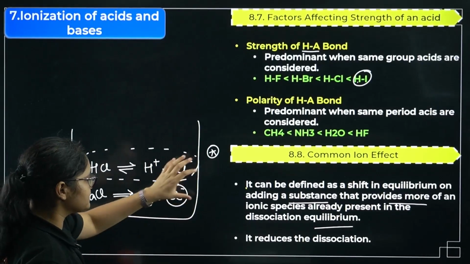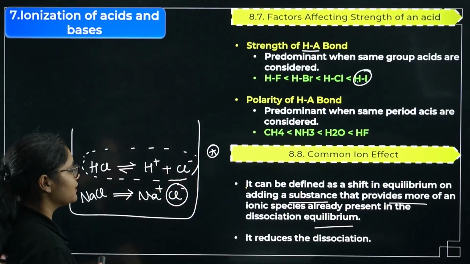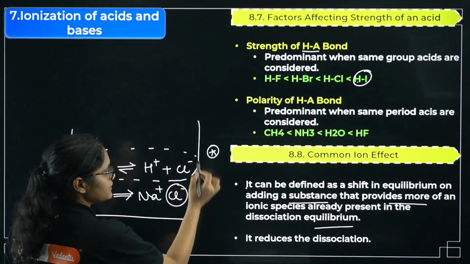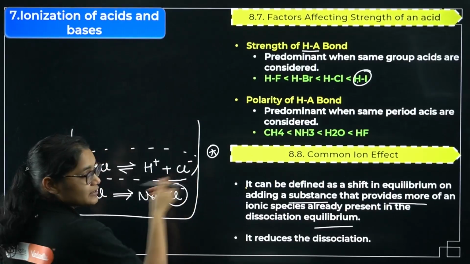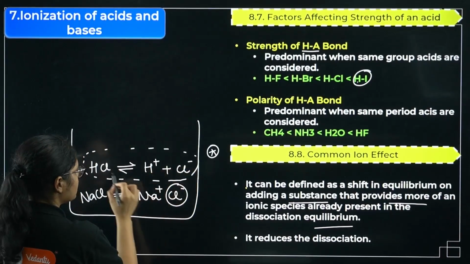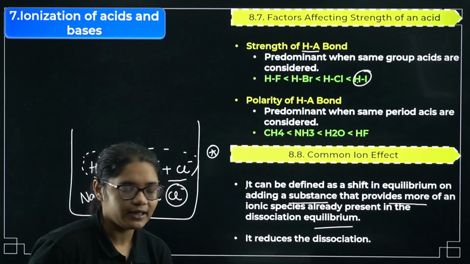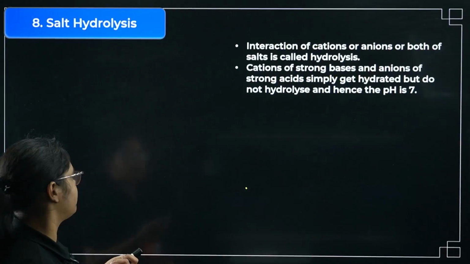So Cl minus is the common ion. The number of Cl minus has increased, and we have studied that if you increase the product concentration, reaction will go in the backward direction. So whatever Cl minus you add, it will go in the backward direction and HCl concentration will increase. So that is your common ion effect.